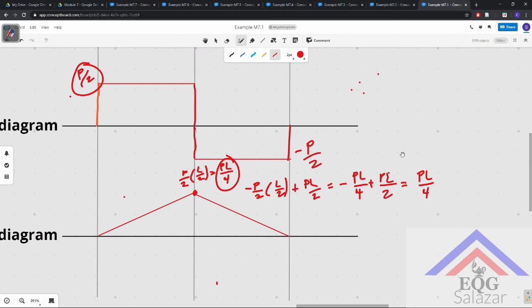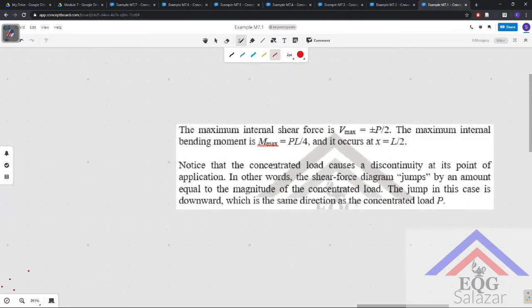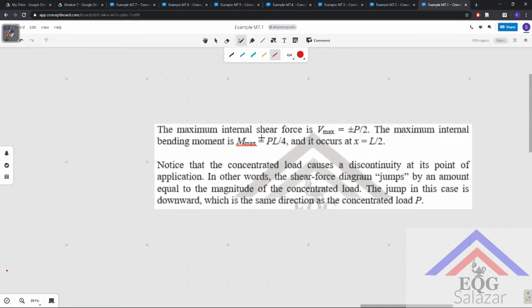That is what we see here. Maximum internal shear force is plus or minus P over 2, and the maximum internal bending moment is PL over 4, which occurs at x equals L over 2.